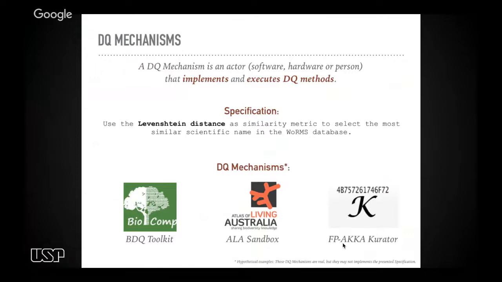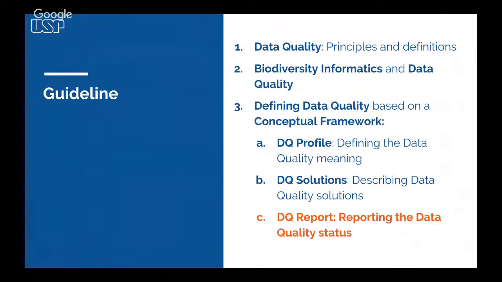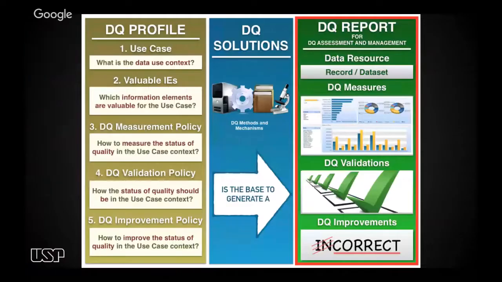So it is the tool that generates the assertion, generates the report. This is also important because depending on the tool that implements the same method, because of a bug or some internal things, the result may be different from one tool to another. And the last part is the data quality report.